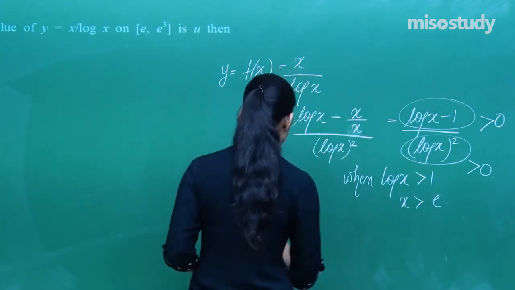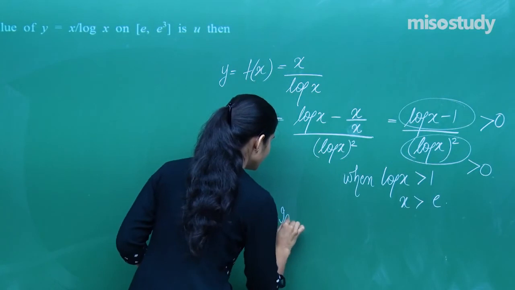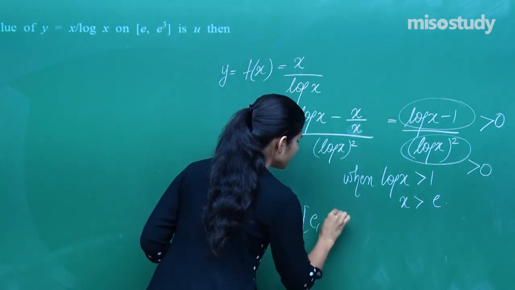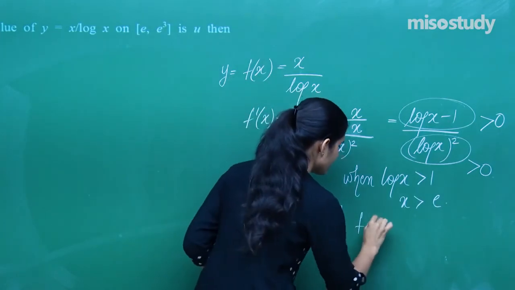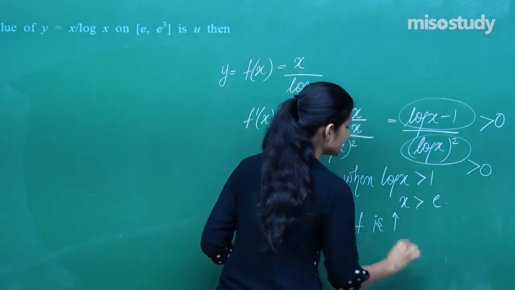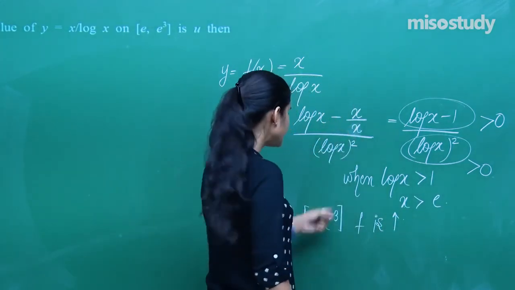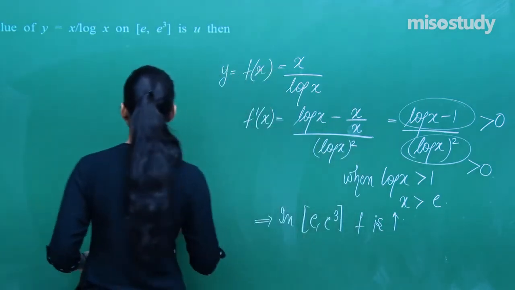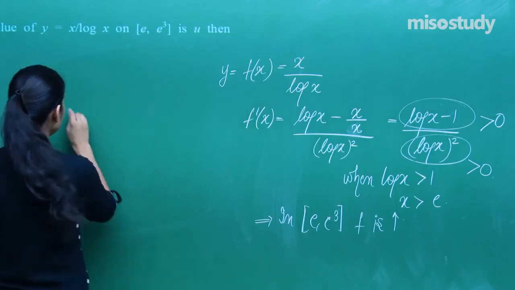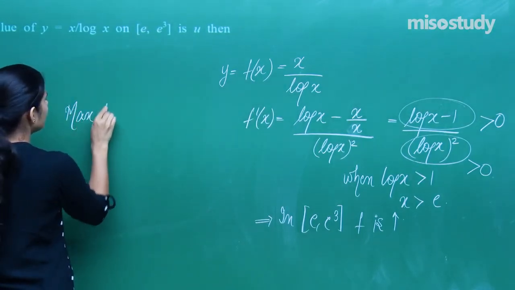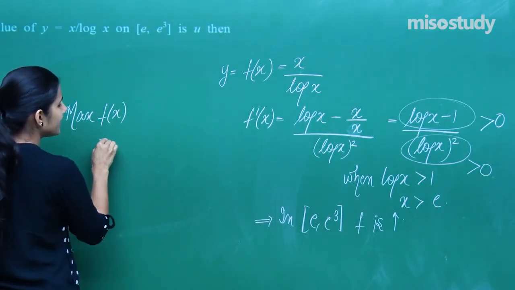Yes, that means in this interval, x is greater than e, f is increasing. If f is increasing in this interval, maximum of f will be what? It will be attained at the very end point of the interval.